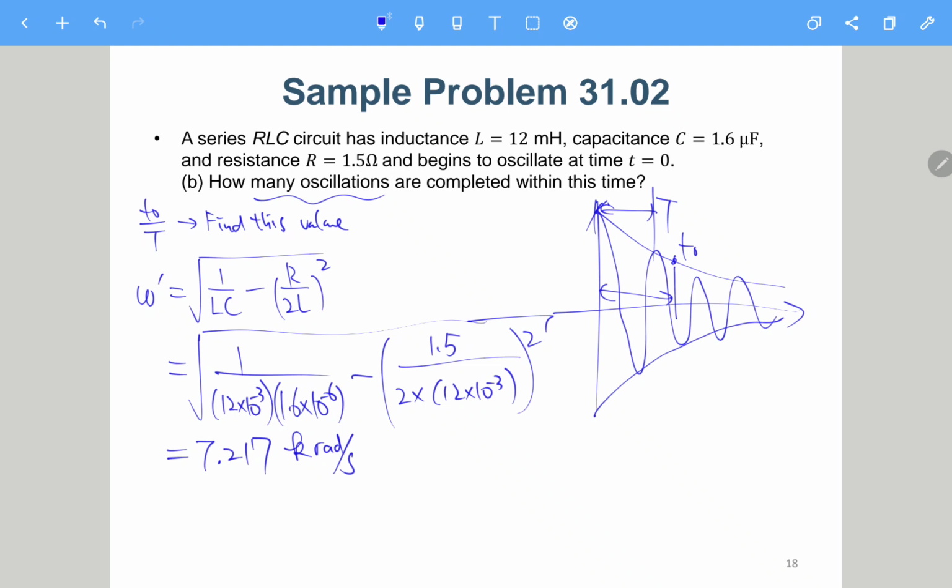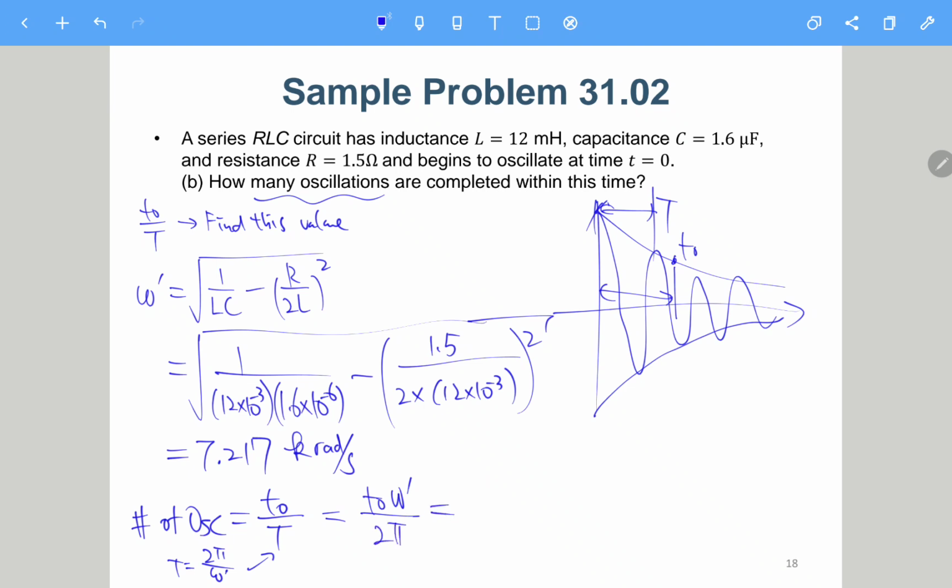So the number of oscillations should be T0 over T. T is the time for one oscillation, and T0 is the total time it takes for the amplitude to drop by 50%. T is 2 pi over omega prime, so we have T0 times omega prime over 2 pi.